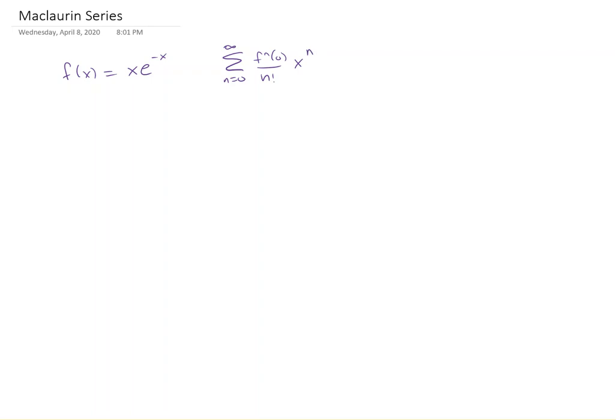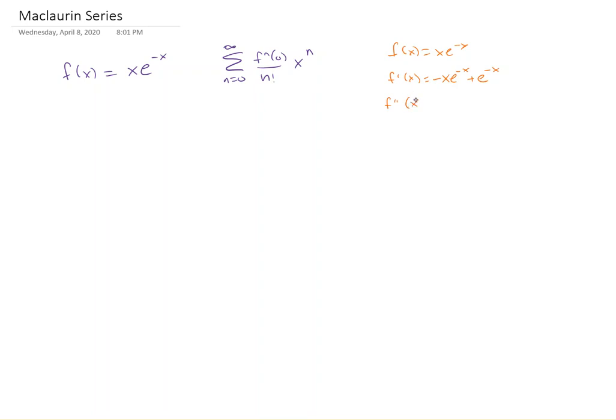So we got to start thinking about the derivatives, right? And I told you this was going to be painful, and it will be. Because we have to do a product rule, right? First times the derivative of the second plus the second times the derivative of the first. Okay. Now what?